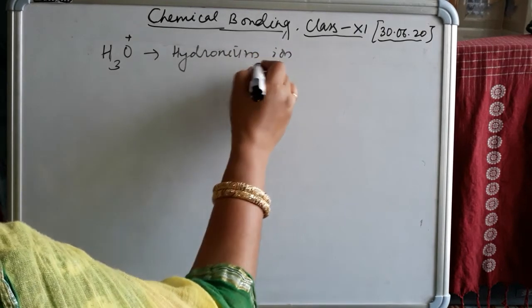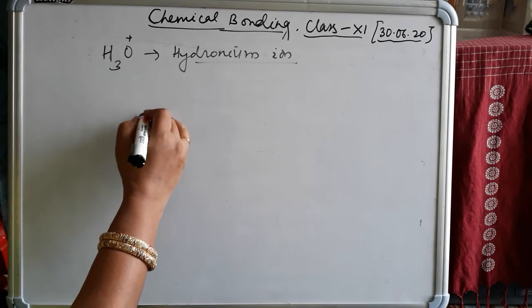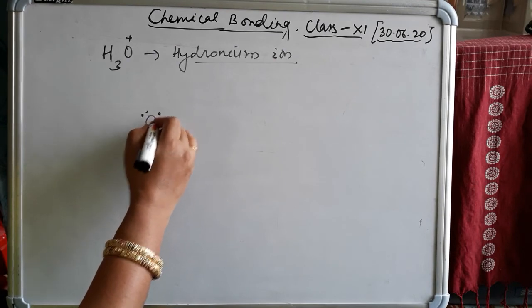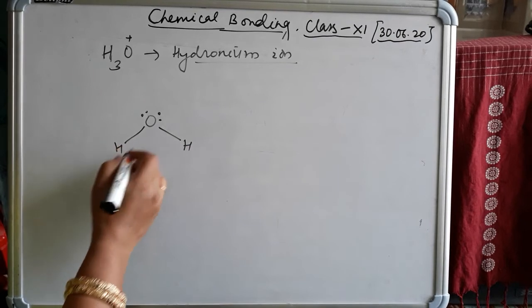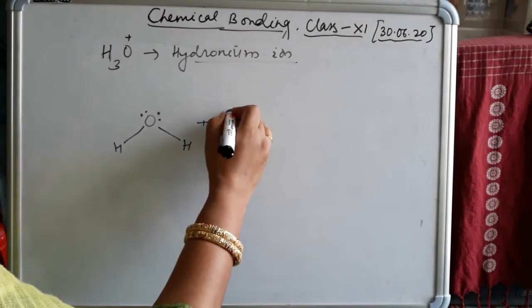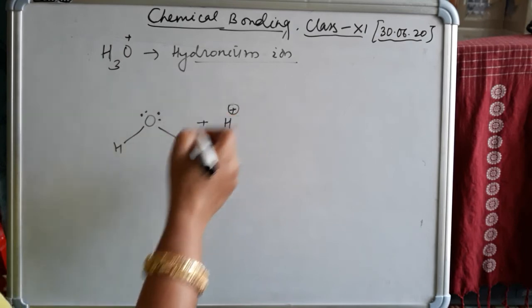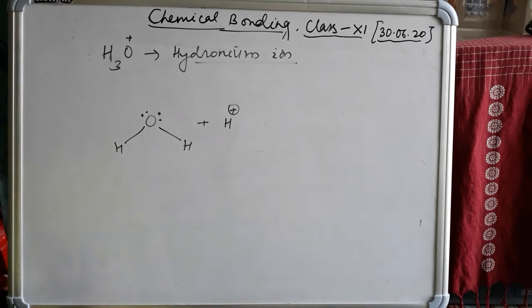As we discussed in covalent bonding, water forms two single bonds with hydrogen and has two lone pairs. Whenever a species like the hydrogen ion has a positive charge, it has no electron.